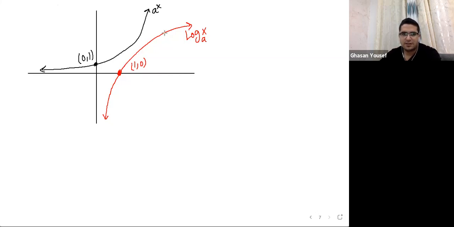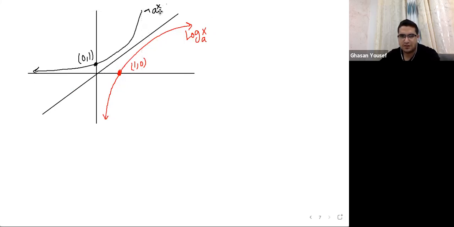Now, as we see here, both of the curves are reflected around a line. If you look carefully, you will see that the exponential function and the logarithm function are both reflected around this line.